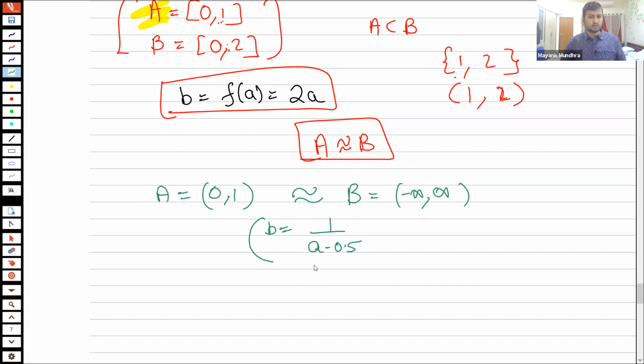I think this would work, something like this. I'm not sure, but yeah, you can construct it. So the entire real number line has the same size as any line segment. In fact, any line segment A to B on the real number line has the same cardinality as the entire real number line.